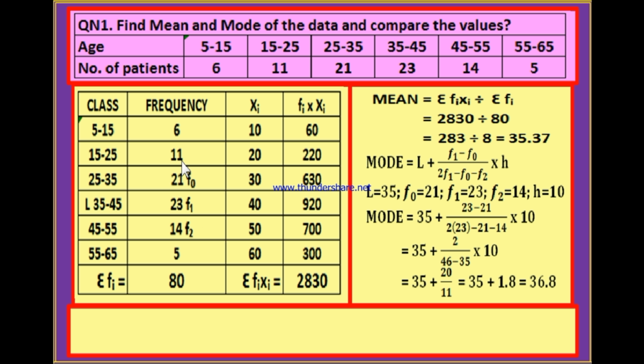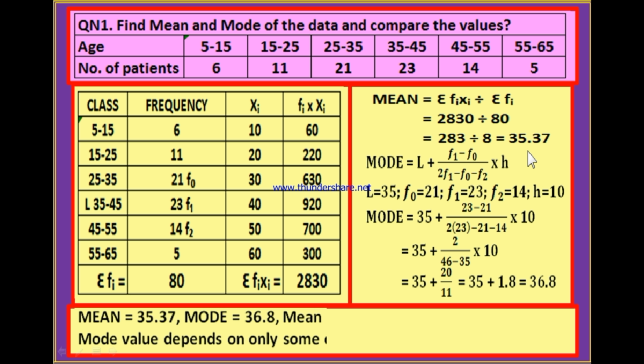The values of the other classes are not considered. Only the middle three frequencies are considered in finding the mode, isn't it? That is the difference between arithmetic mean and mode. So since mean depends on almost all the mid values and frequencies of all the classes, mean is more reliable than this mode. So let us write mean is equal to 35.37 and mode is equal to 36.8. Mean depends on all the classes, whereas the mode value depends on only some of the classes.